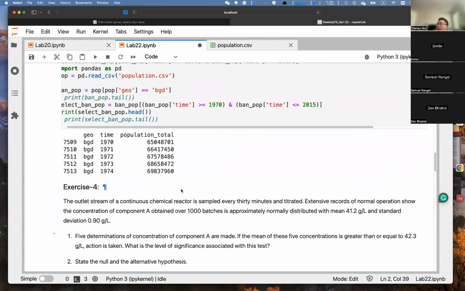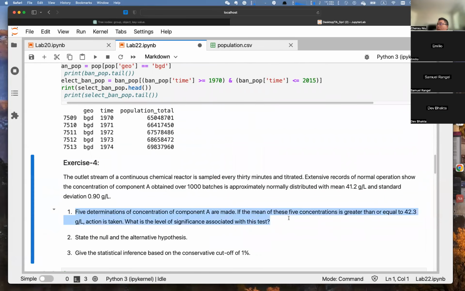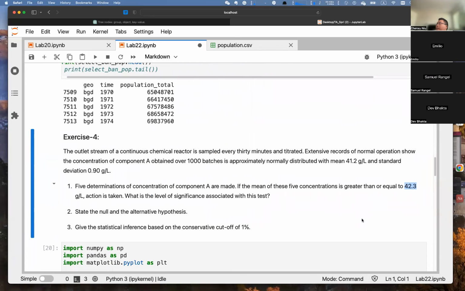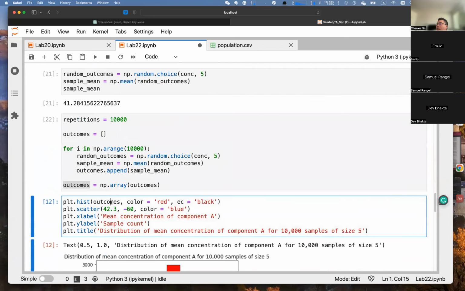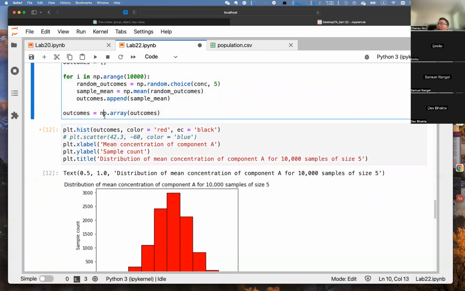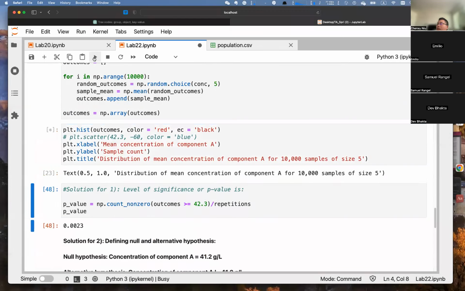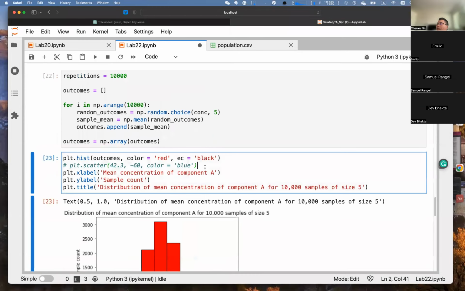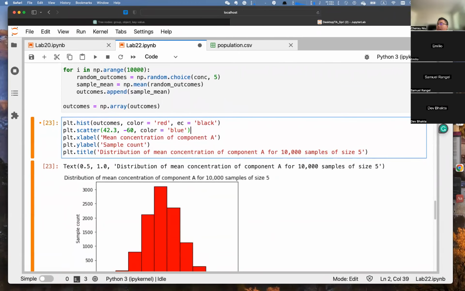And because in the first question, we need to compare it with the 42.3, right? So that's why here we want to have a dot. It's not necessary, right? So if you comment it out, then it is a histogram about your experimental result, right? And this one is we want to compare with this one. So it's not necessary because it is x-axis and second one would be y-axis, right?